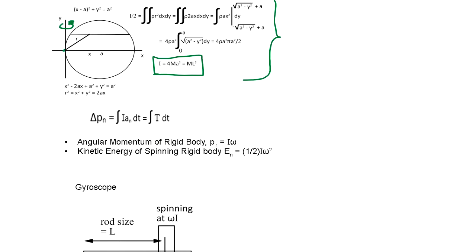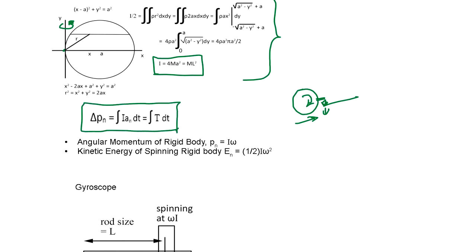So the angular momentum of a rigid body, when it spins, how much momentum it has, is necessary for the case when something spinning hits, in this kind of Newton mechanics, how much momentum is transferred. So it's going to be delta P_n equals I a_n.